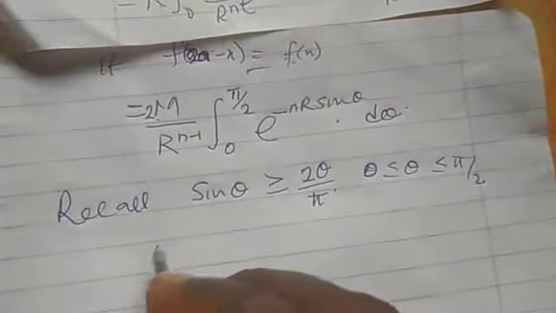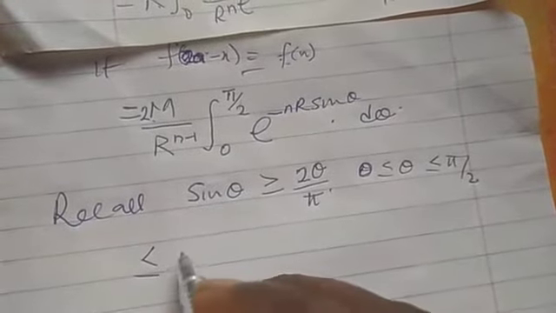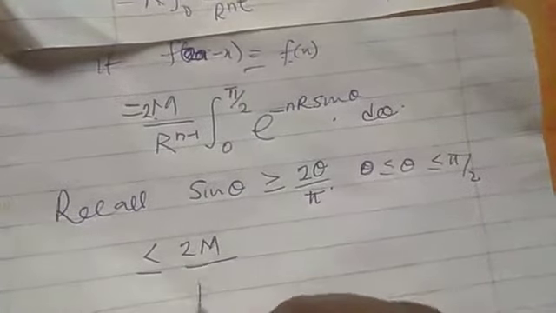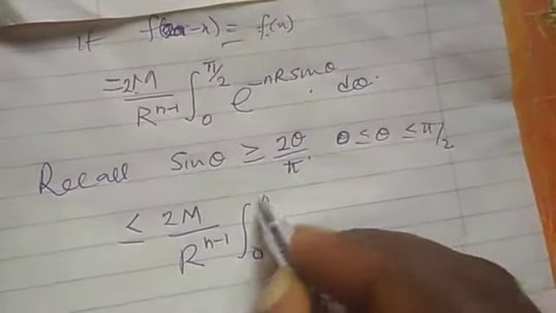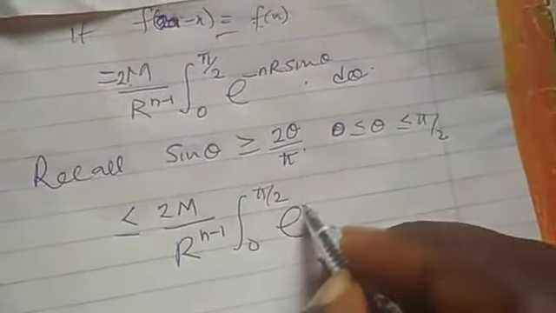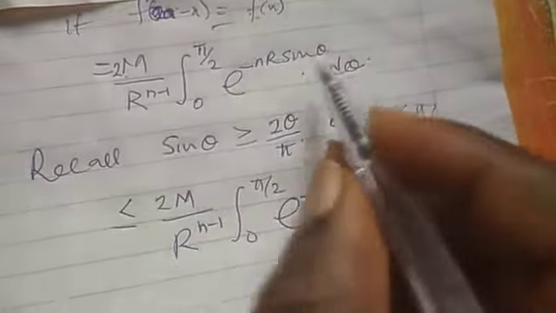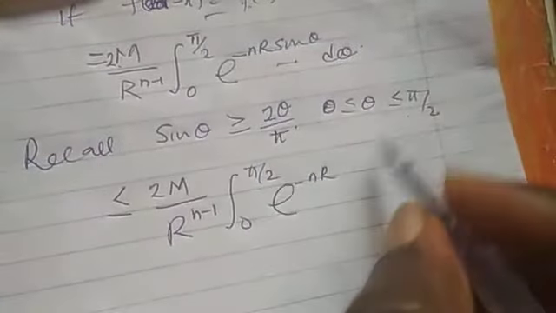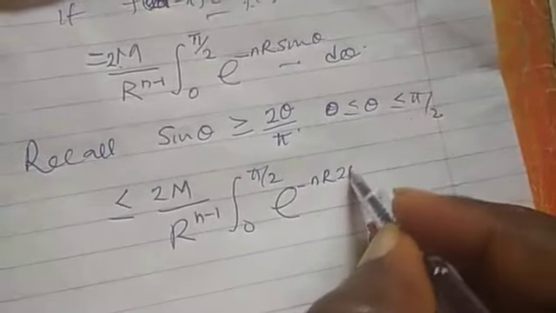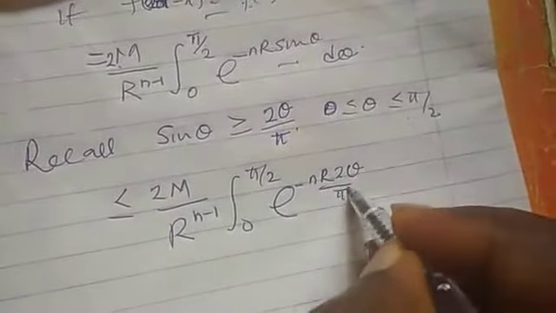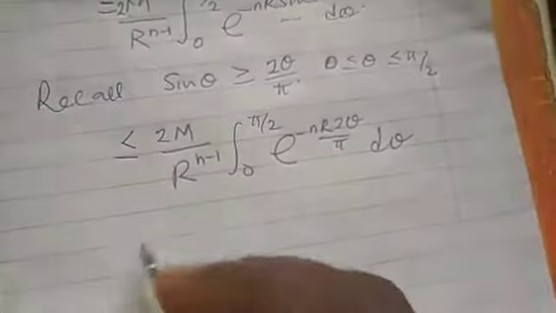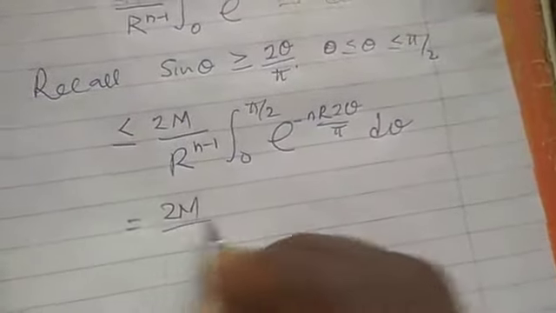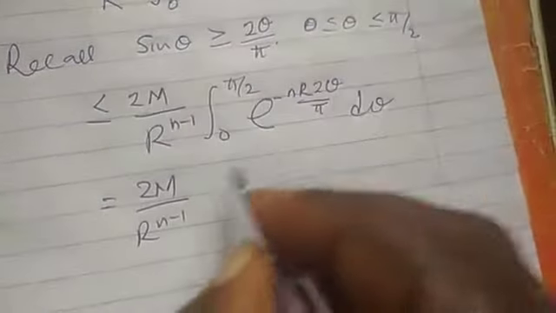I can apply it here so that this will be less than or equal to 2M / r^{n-1} times the integral from 0 to π/2 of e^{-nr} with sin θ replaced by 2θ/π, dθ. So it's now easy for us to integrate.